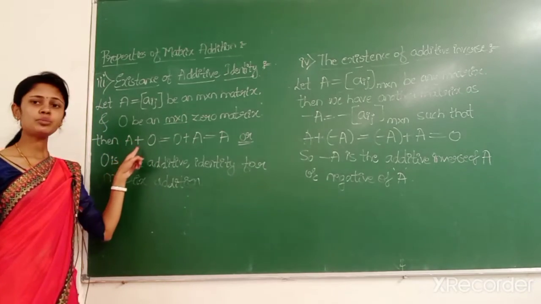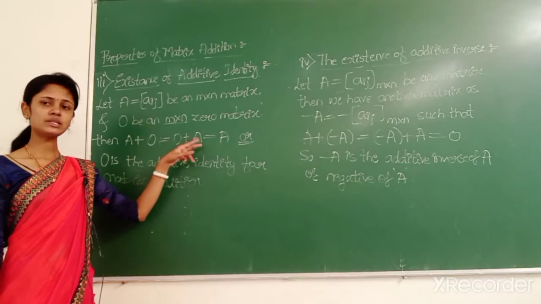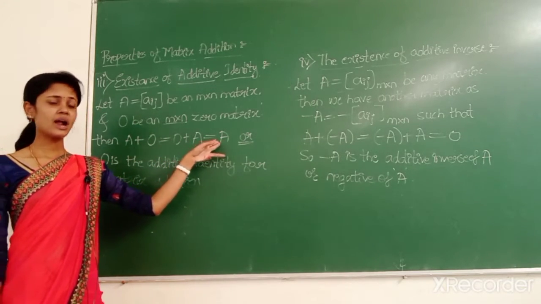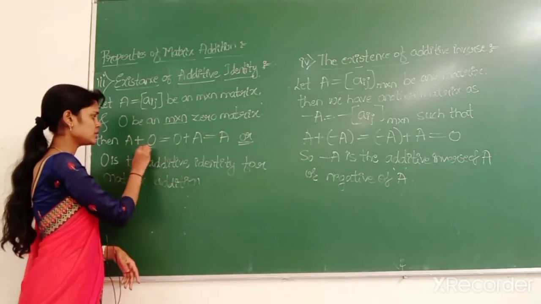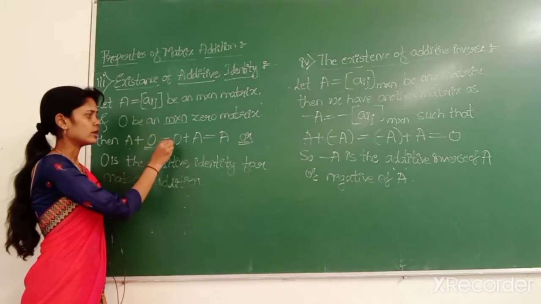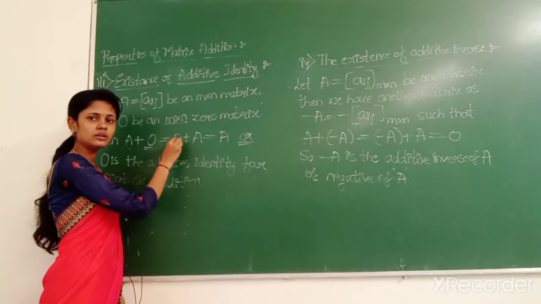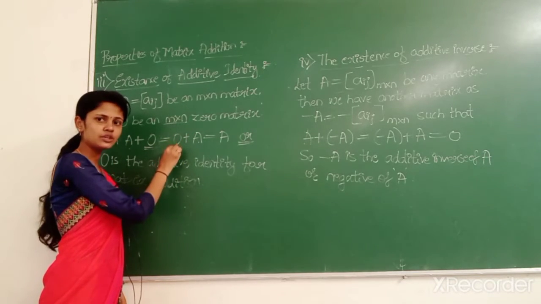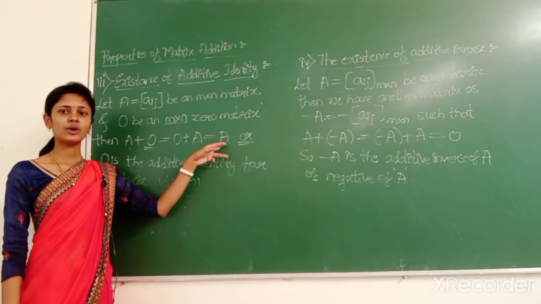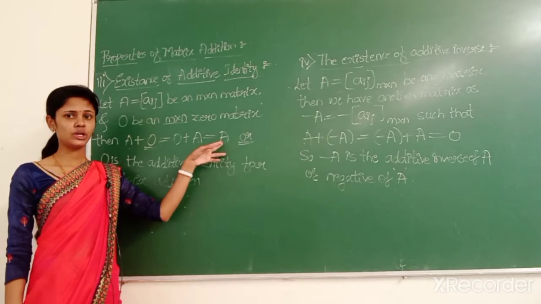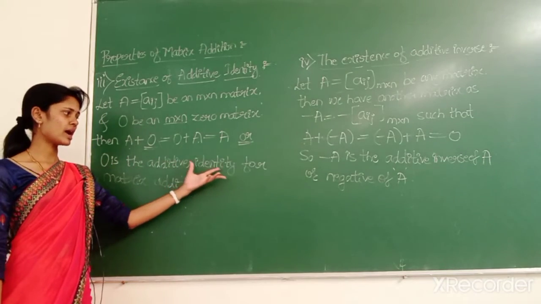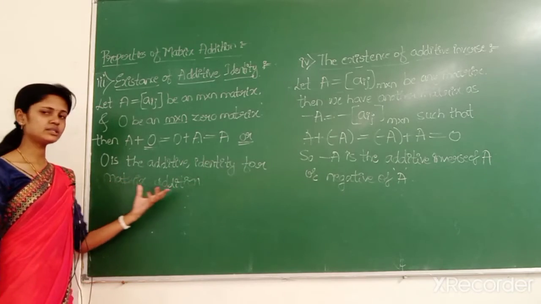Then A + O = O + A = A. That means whenever we add the zero matrix to the matrix A, or whenever we add A to the zero matrix, or null matrix, we must get our matrix A once again. So that is what O is: the additive identity for matrix addition.